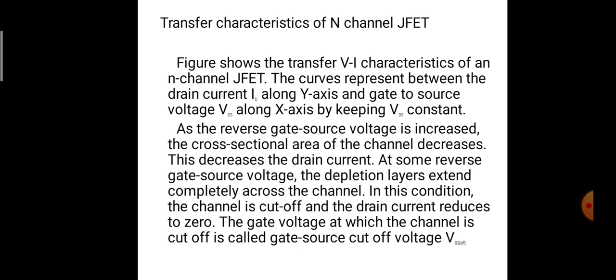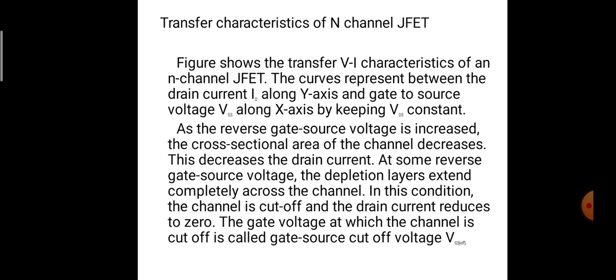The curves represent the drain current ID along the y-axis and gate to source voltage VGS along the x-axis by keeping VDS constant. As the reverse gate source voltage is increased, the cross sectional area of the channel decreases. This decreases the drain current.